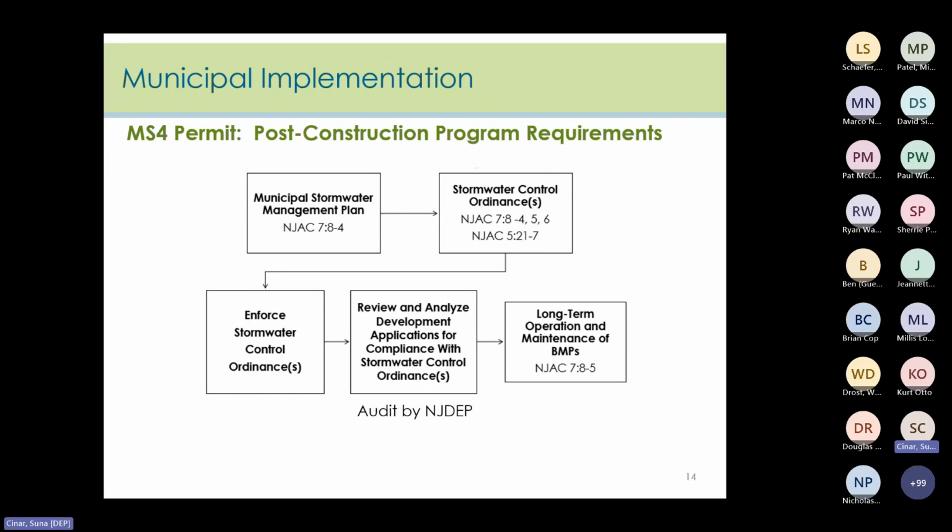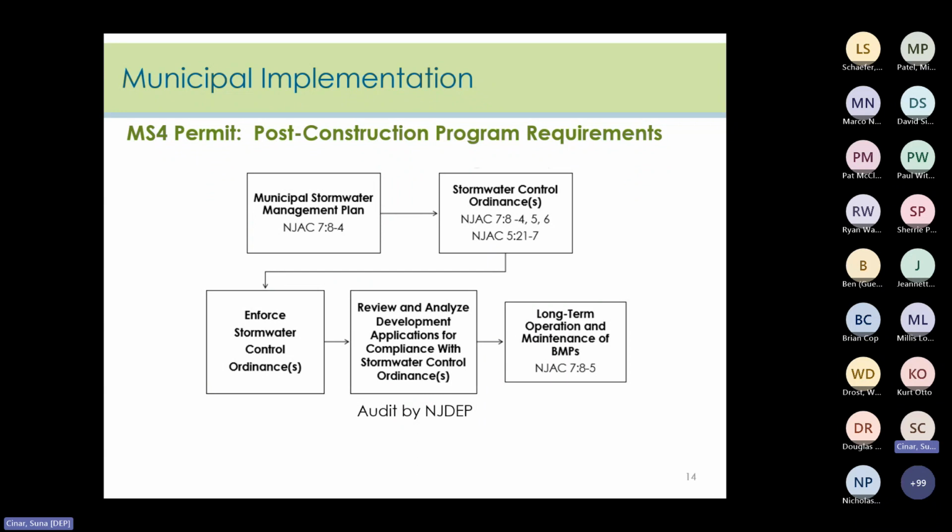The last box also applies to public complexes and highway agencies, and the requirements in these boxes have been previously in place. Now, creating the plan is not a one and done scenario, as the plan must be updated periodically, which will start to cycle over again.